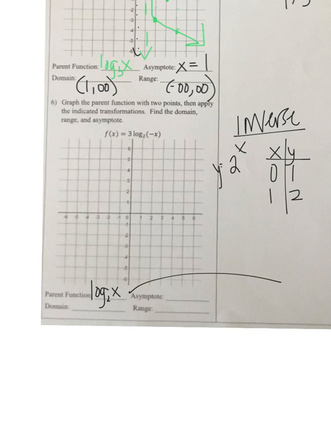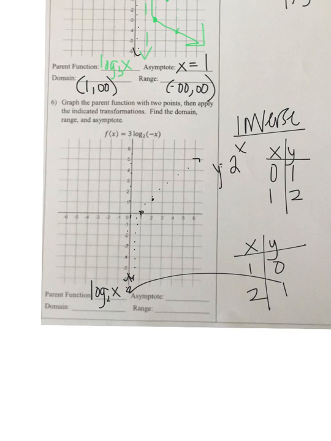So that means for our parent function, we're going to have the points 1, 0, and 2, 1 on it. So I'm going to plot those guys, 1, 0, and then 2, 1, and again, I'll make it dotted. And we have a vertical asymptote. That's the y-axis.